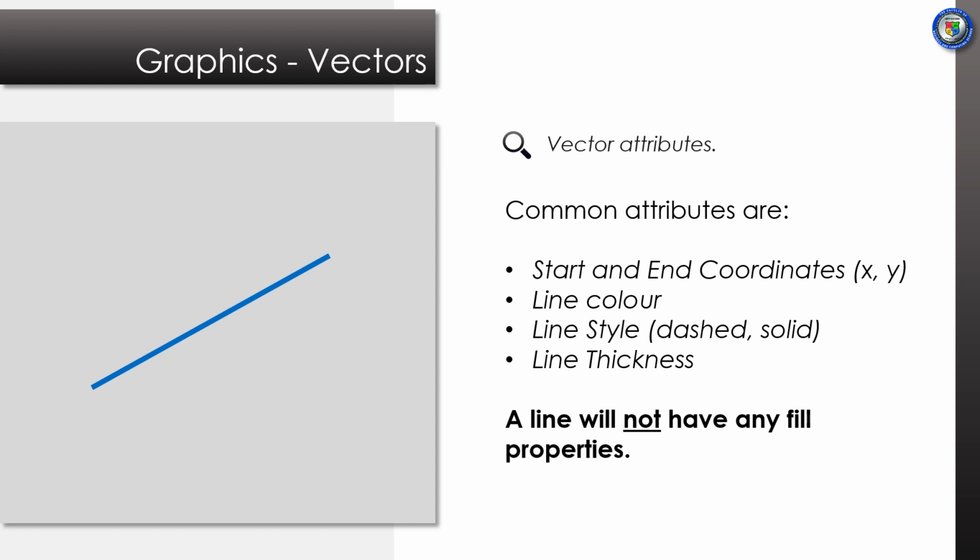A line object would have attributes of a start and end coordinate points, a line colour, a line style, again a solid or dashed line, line thickness. The line is quite unique. It will not have any fill properties.